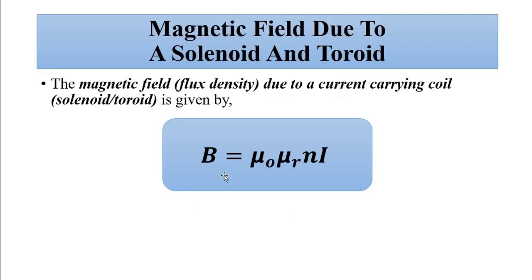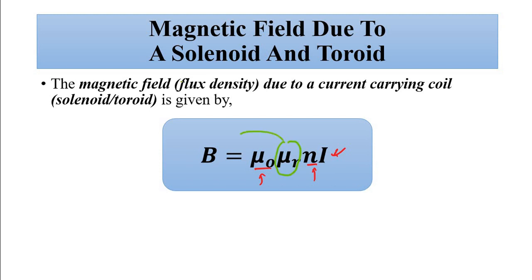It obeys this relationship, where the magnetic flux density is given by mu 0 mu r n I. Mu 0 is the absolute permeability, mu r is relative permeability, n is the number of turns of wire, I is the current. Here current is kept constant, the number of turns of wire is fixed, and absolute permeability is fixed. So the only thing that is variable here is the relative permeability.